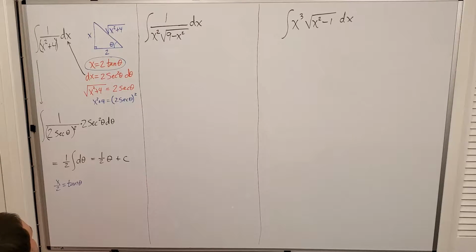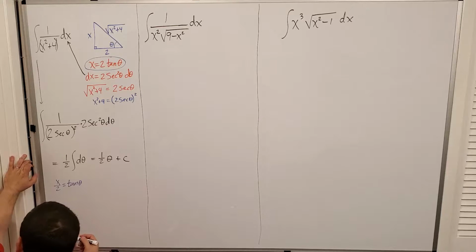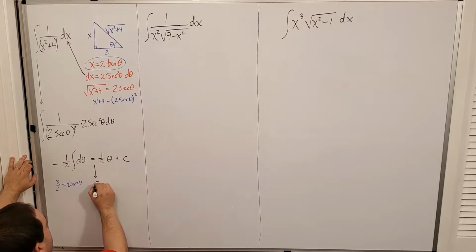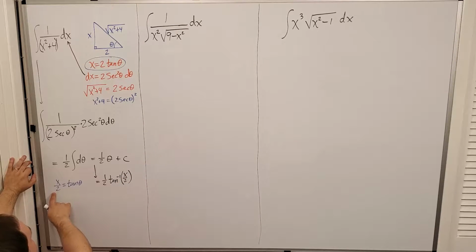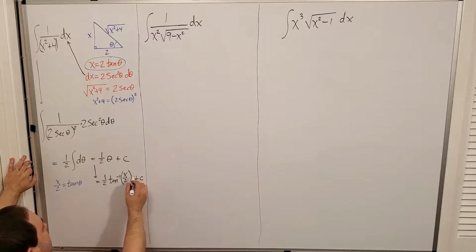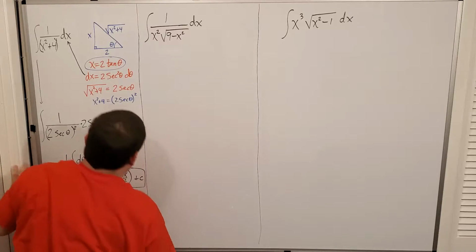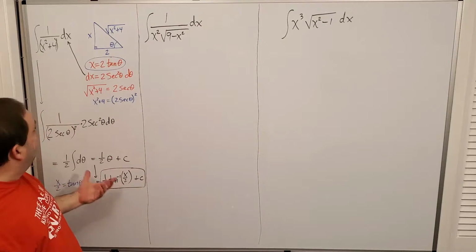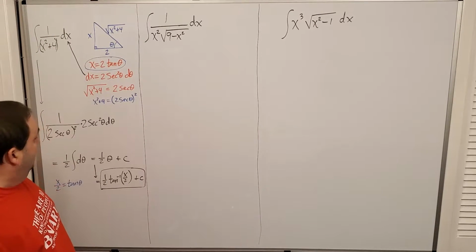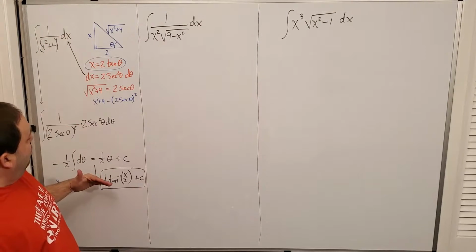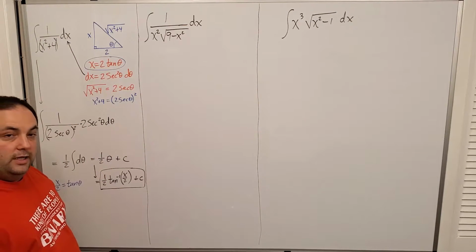So then to finish this up, this is equal to 1/2 inverse tangent of x over 2 plus c. And there's my solution to that integral, which is what we already expected, right? Because that's how we set up the antiderivative of 1 over x squared plus a squared. But this is how you can show that it really works the algebraic calculus way.